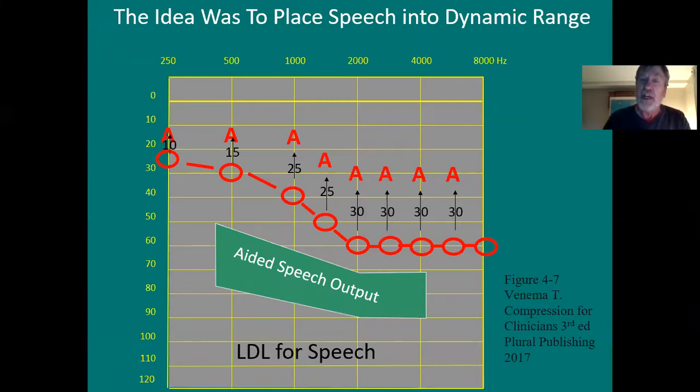And they couldn't see this. All they had was faith, hope, and love to make sure that this would happen. They just had to have a rule, a fitting method that said, logically, if we provide this kind of gain for average speech inputs, my aided average speech output will sit nicely in the listener's dynamic range.